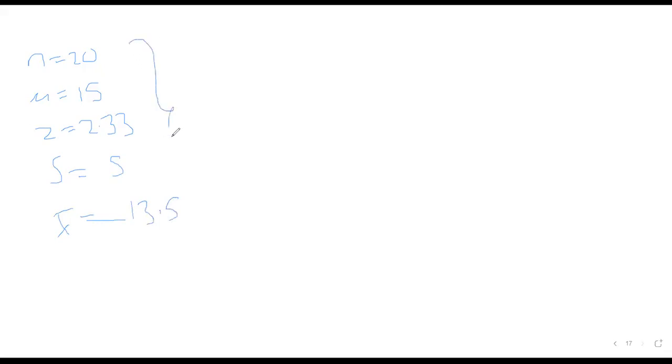Please, I'll give you a few minutes to conduct the test. So mu is equal to 15, alternative mu is not equal to 15. Yes. Step 1. Step 2, our significance level is 2%, which gives us 2.33.